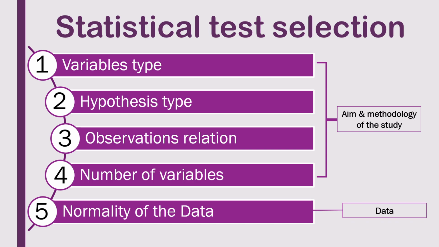To be able to write our statistical analysis part in the proposal and select our test before even conducting the study, that can be simply done by selecting one parametric test and another non-parametric test and stating in the proposal that if our data were normally distributed, we will use this test, and if it's non-normally distributed, we will use its non-parametric counterpart. By that we can determine our test even before conducting the research.